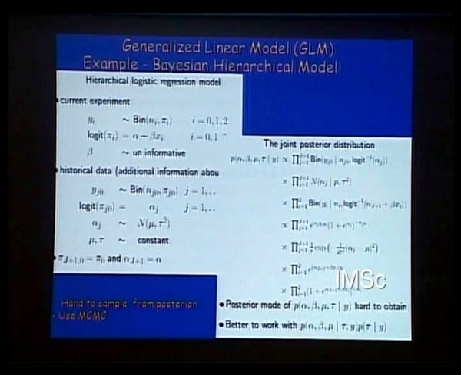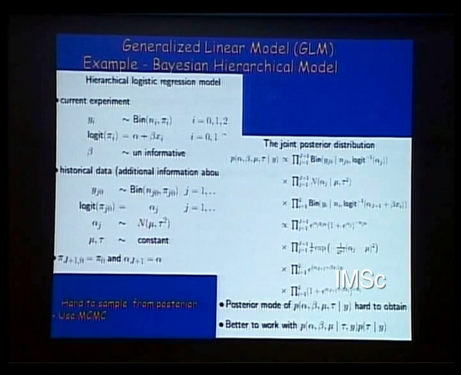So you can have your data as binomial distributed with these parameters, and the link function of the parameter is linearly related to the predictors. Beta can be non-informative, or you can have priors on alpha and beta. So alpha is normally distributed with some mean and variance, and then the variance is gamma distributed.